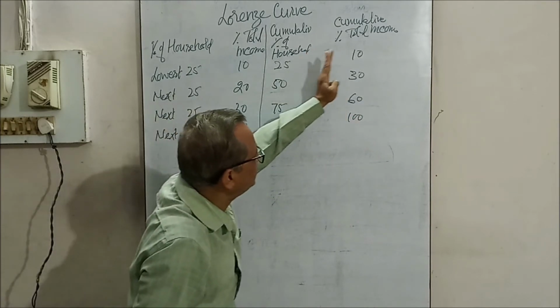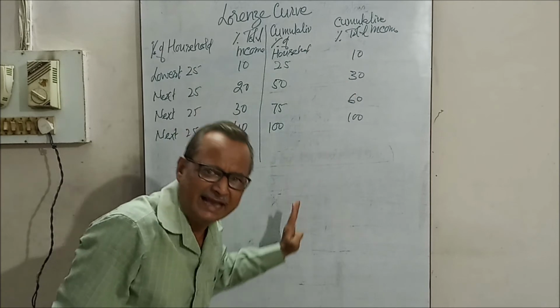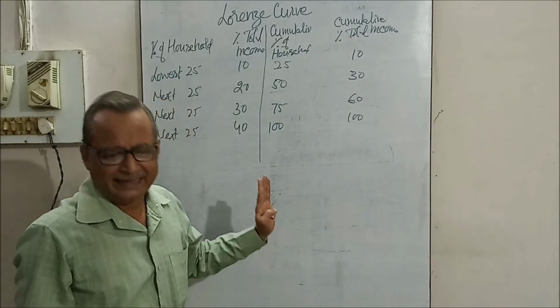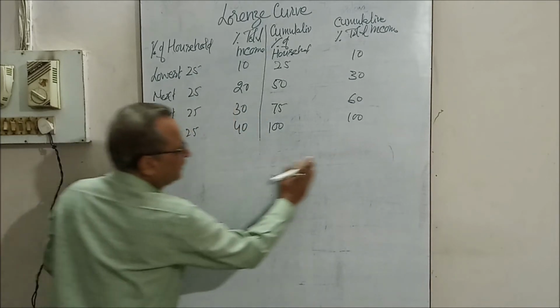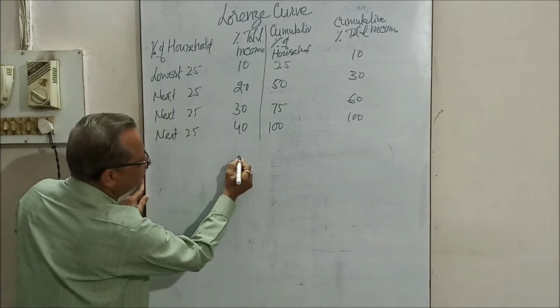Now these households and income, when presented in a curve, is called the Lorenz curve. Now see here, I am presenting the curve over here.